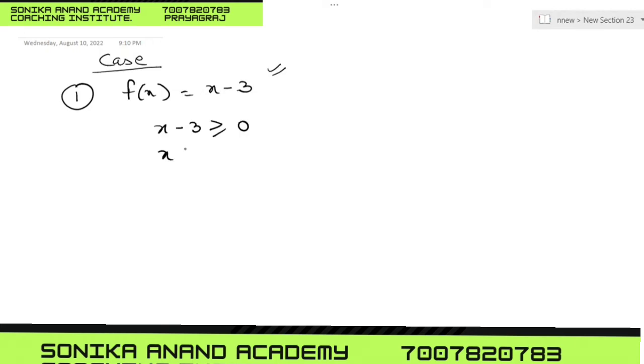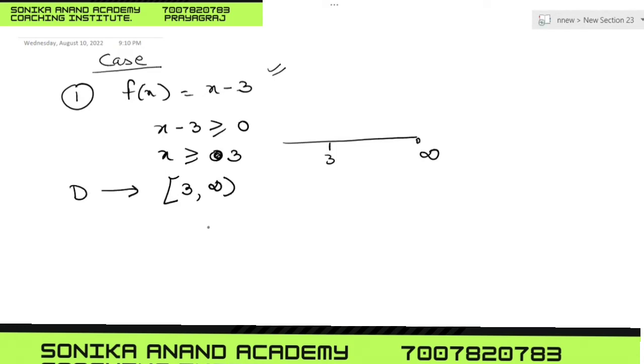So the value of x is greater than or equal to 3, which means you have to include 3. From the number line, it is 3 to infinity. So its domain is [3, infinity). Clear? Understood?